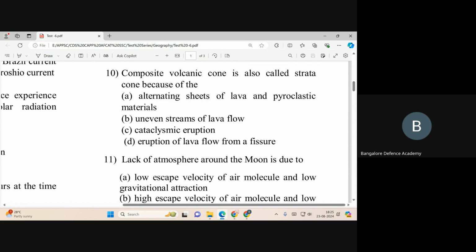Yesterday only I told you. Because composite volcanoes have a phenomenon of high viscosity, when the lava comes out, it forms a layer. After that, because it solidifies very fast, the crater will be closed.